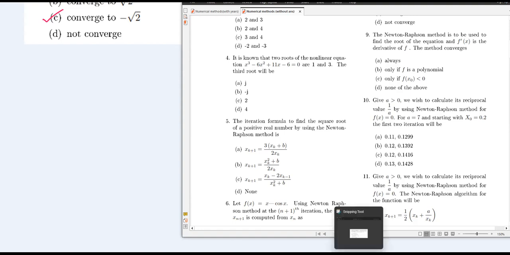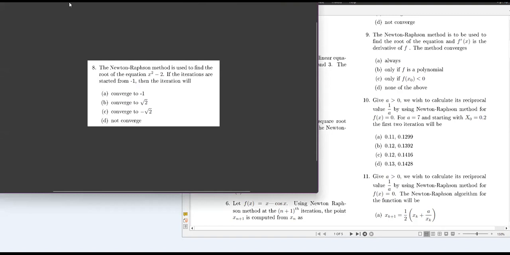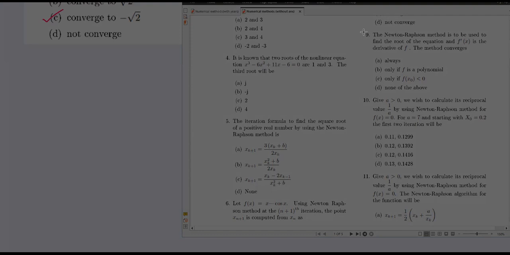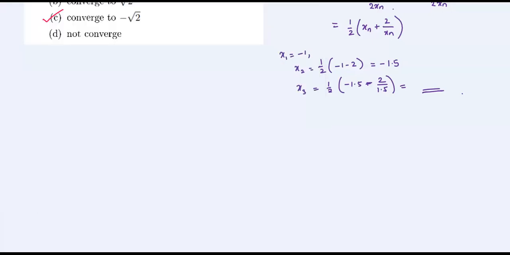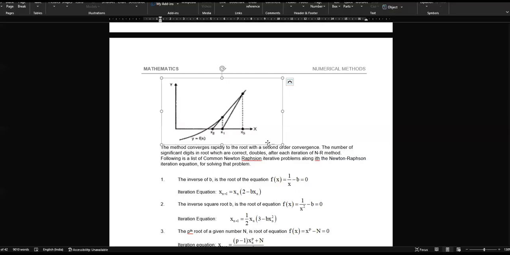Okay, this is an important question. We didn't discuss this part in our discussion.